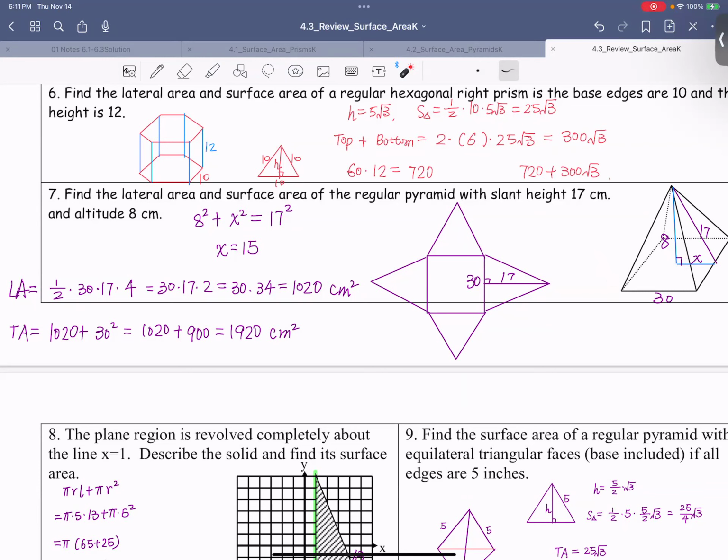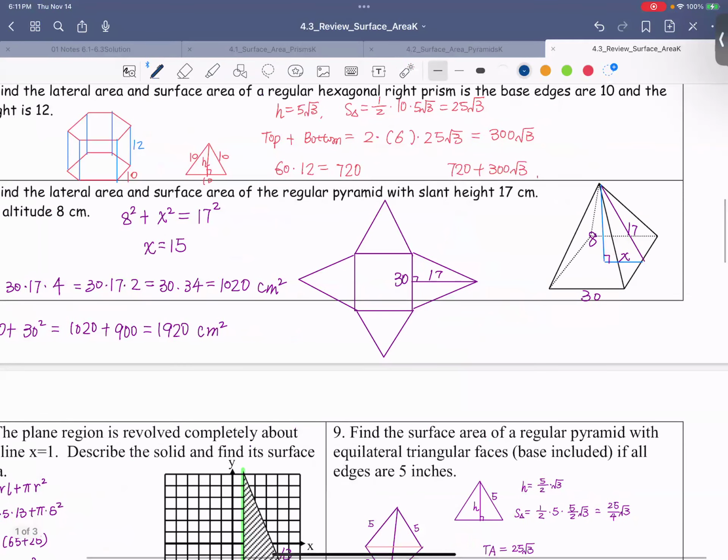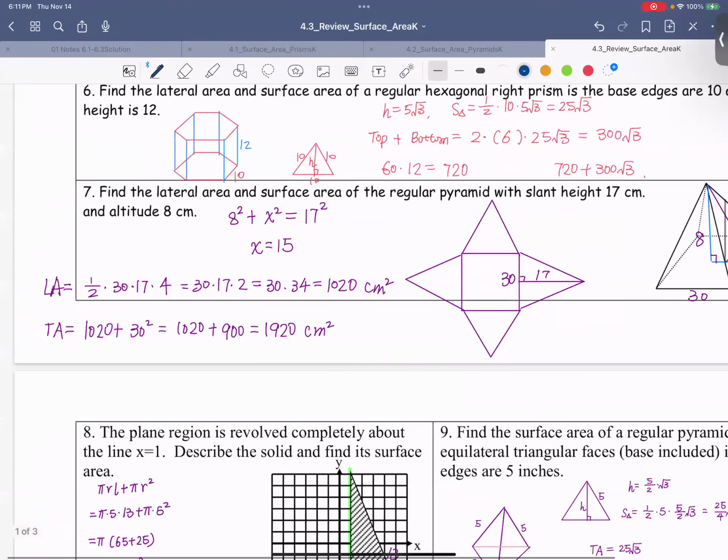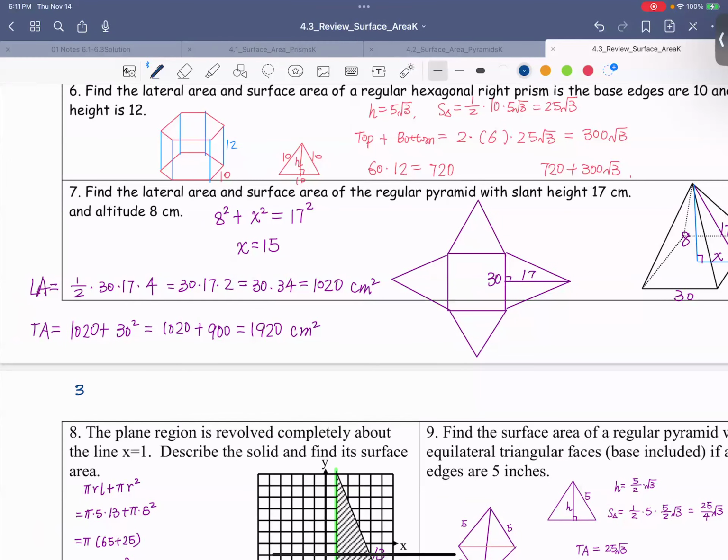So let me call a student. Elizabeth, do you remember those Pythagorean theorem numbers? Go ahead. How many do you remember? I don't really remember that many. At least you know the easiest one, which is 3, 4, 5.